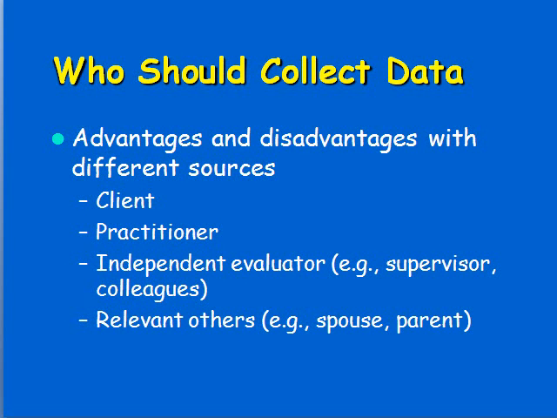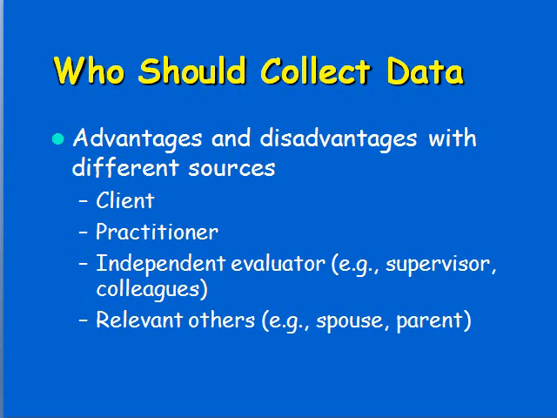And just a note about clients, sometimes clients are the only sources of information. They don't have anybody else to collect data for them. So I invite you to read on pages 65 and 66 how to motivate the client to provide accurate information.